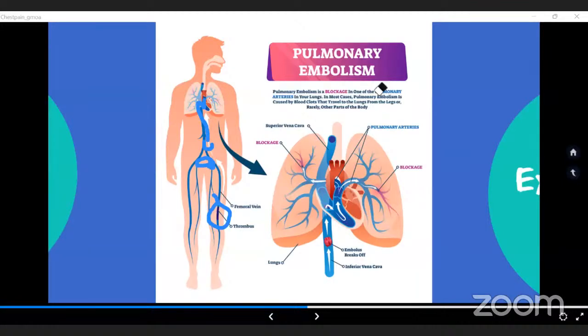So that is the pathology: a clot dislodges and blocks the pulmonary arteries. This can cause a ventilation-perfusion mismatch, VQ mismatch, which can cause hemodynamic compromise and hypoxemia as well.